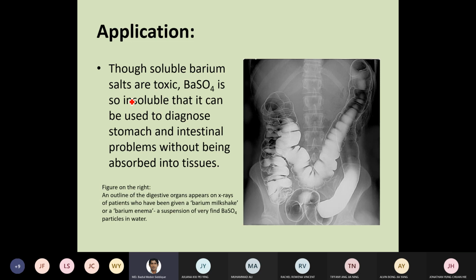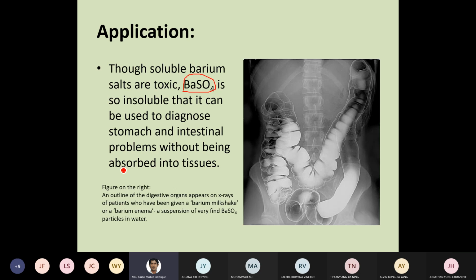The good thing about barium sulfate is that it is so less soluble that it does not get dissolved into our body or our tissues. Even if we touch it, our skin does not absorb it. So this is less soluble, but barium chloride is toxic.